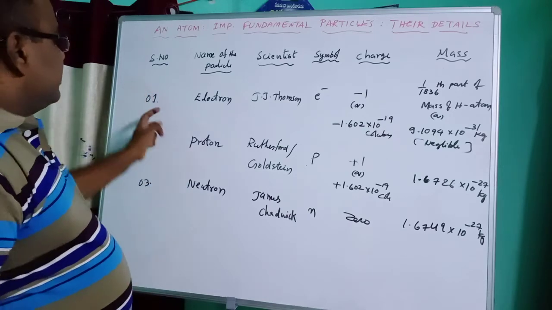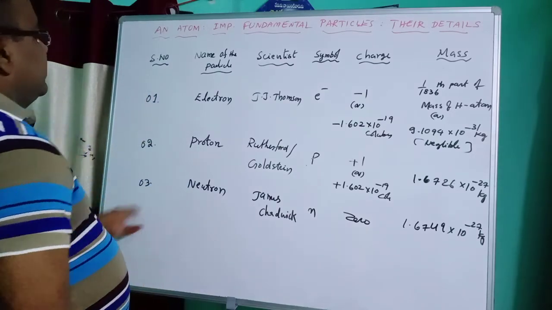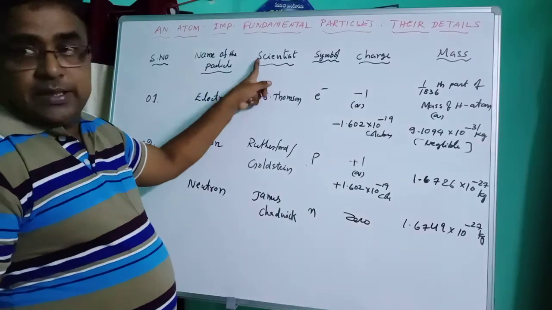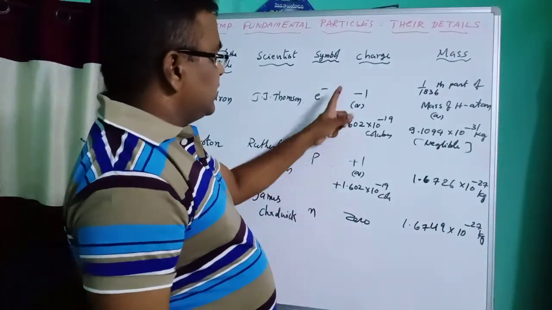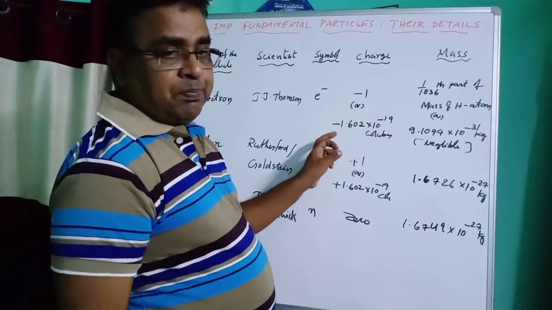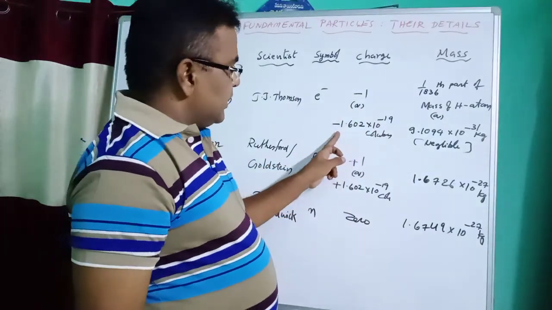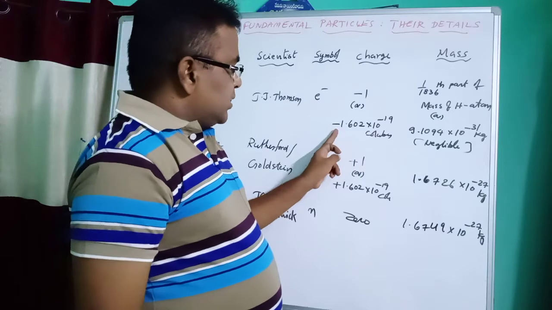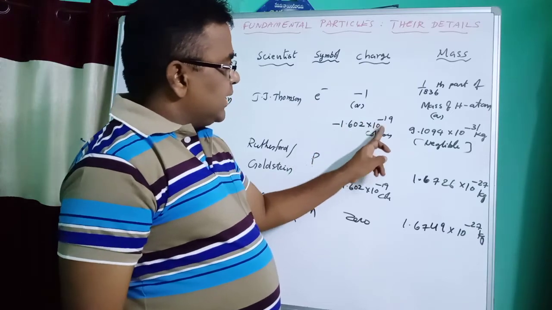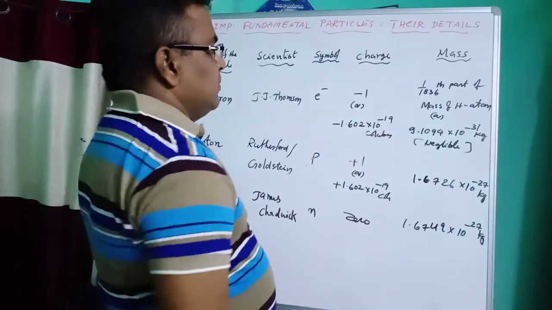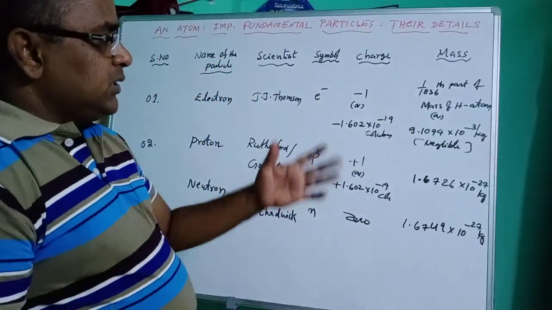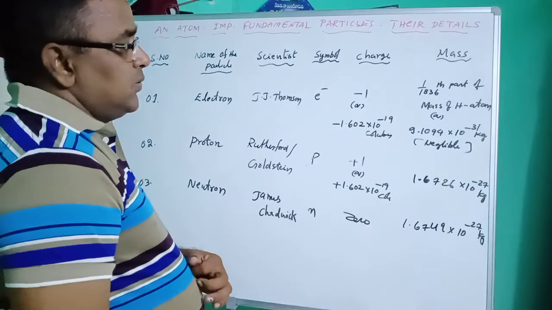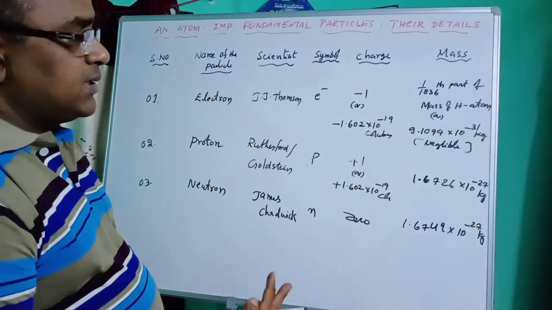So first one, serial number 1, name of the particle is electron. Scientist: discovered by J.J. Thomson. Symbol is e minus. Charge is 1 unit negative charge, or minus represents negative charge, of 1.602 into 10 power minus 19 coulombs. Mass is 1 by 1836 part of the mass of hydrogen, in units 9.1094 into 10 power minus 31 kgs.